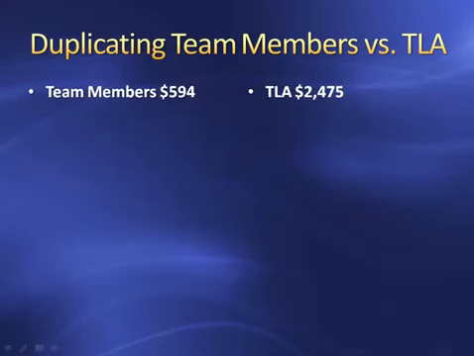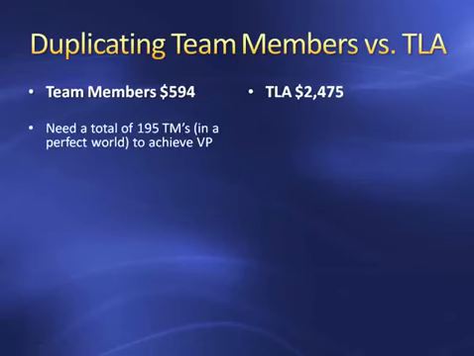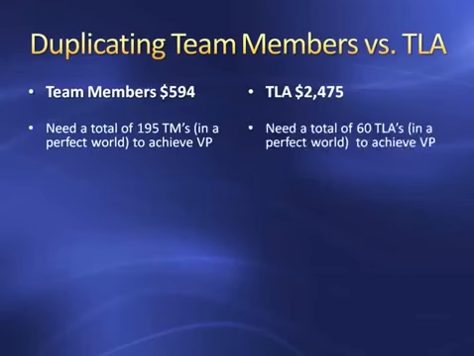director. Continuing on this comparison, in team members, you need a total of 195 team members in a perfect world to achieve the level of vice president. Yet if you're duplicating TLAs, you only need a total of 60 TLAs in a perfect world to achieve the level of vice president.